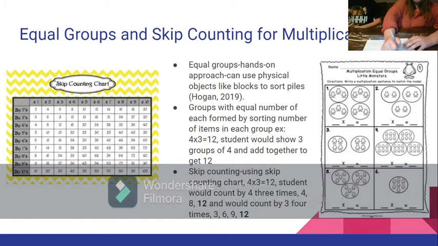So we will first start with 4 times 3. So I will make 4 groups, each with 3 dots.